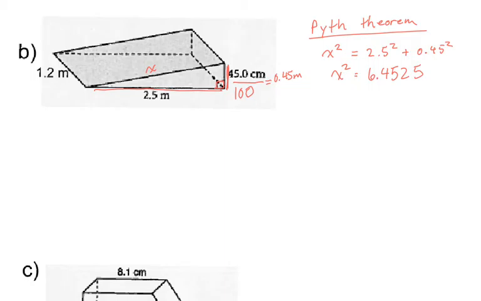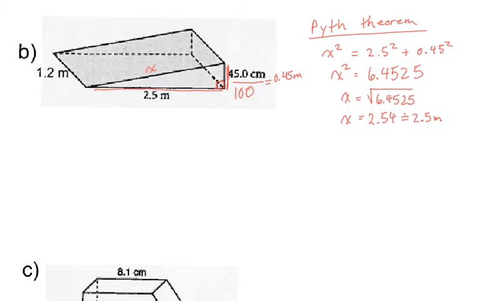When you punch that in your calculator, you have x squared as that. In order to get x by itself, we take the square root of 6.4525, and we get our final answer of x equaling 2.54, and we'll just round it to approximately 2.5 meters.